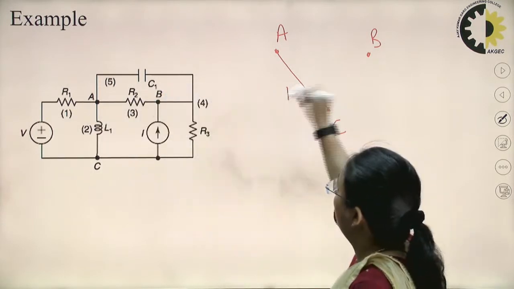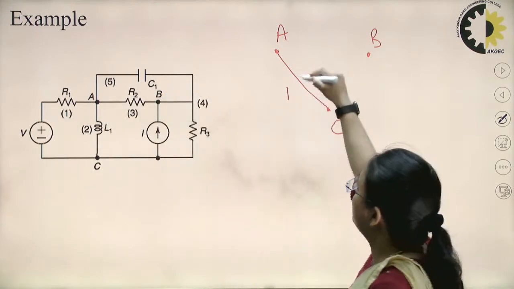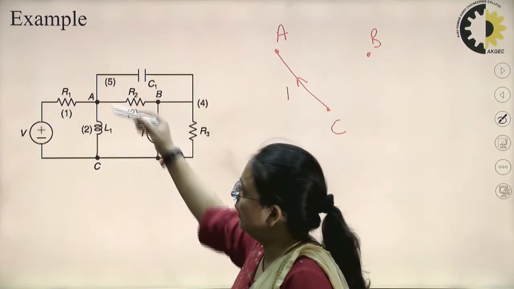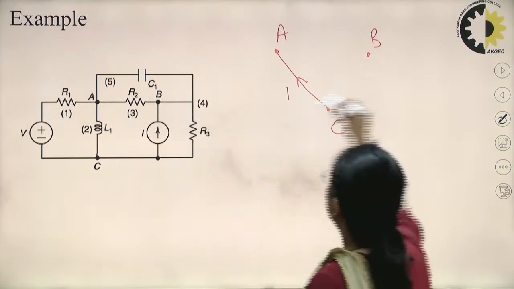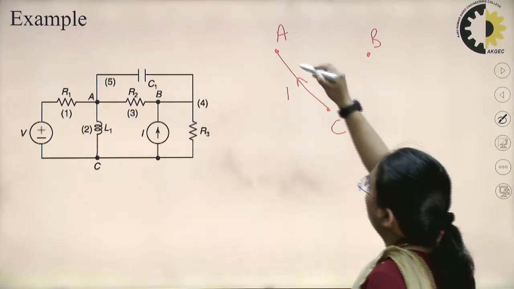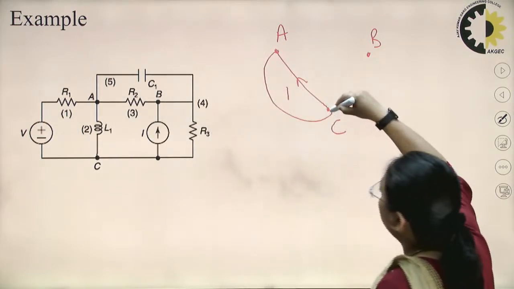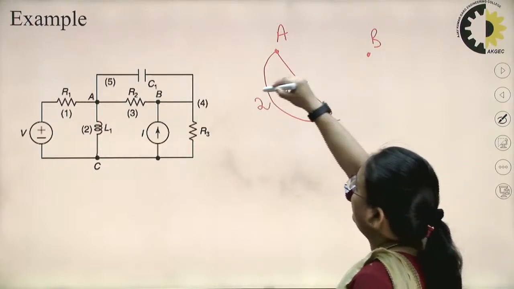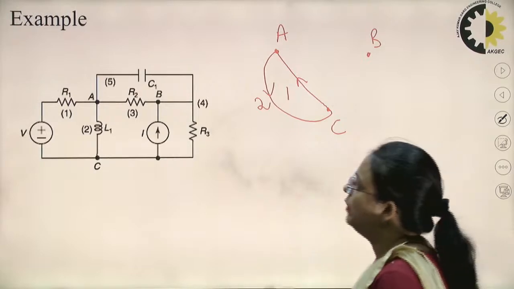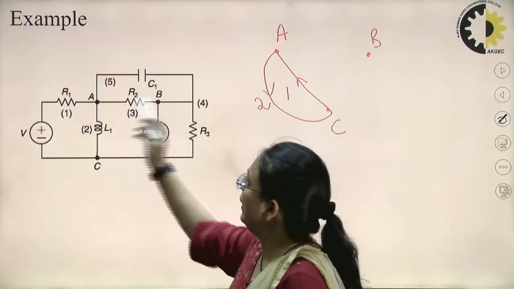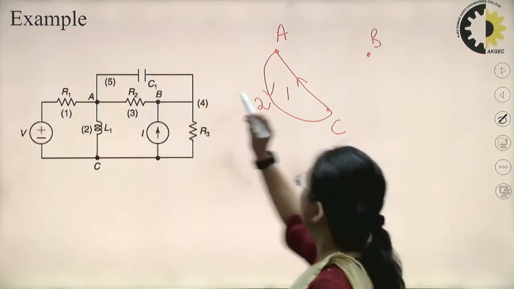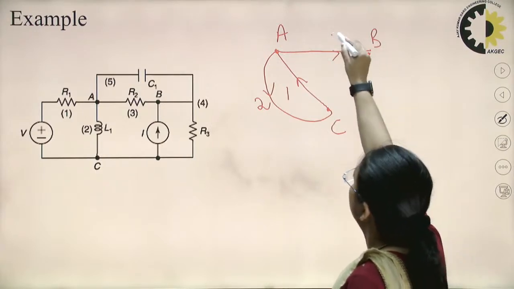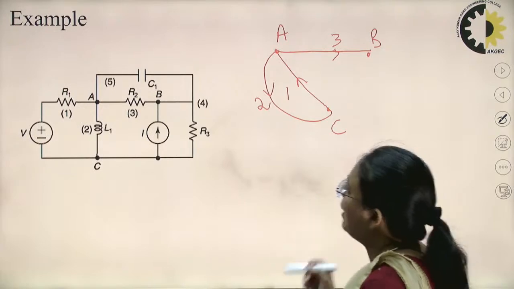Since no direction is given, I will assume the direction of this current myself. Now between node A and C there is a single inductor. So again one branch can be formed between A and C, a single inductor, branch number 2, and I have given the direction, it is downwards. Now between node A and B there is a resistor, so I will represent it with a single branch and name it 3.